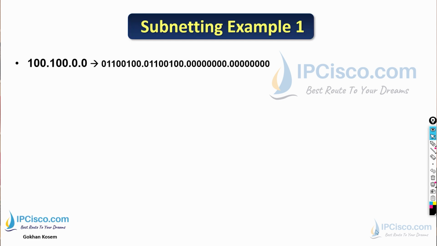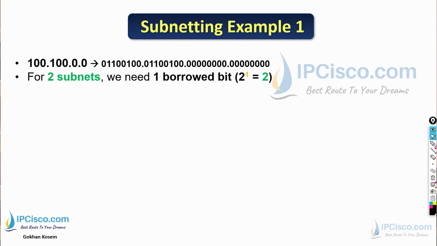Here, let's firstly write our IP address in binary format. For two subnets, we need one borrowed bit. Why do we need one borrowed bit? Because we need two subnets, and with 2 to the x, we need to reach 2. So with 2 to the x equal to 2, x here is 1.